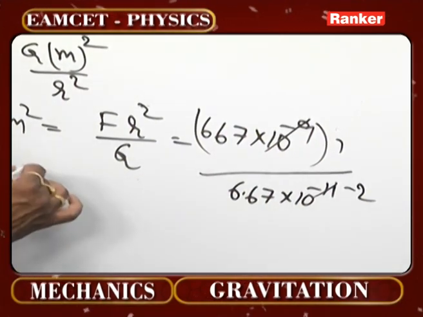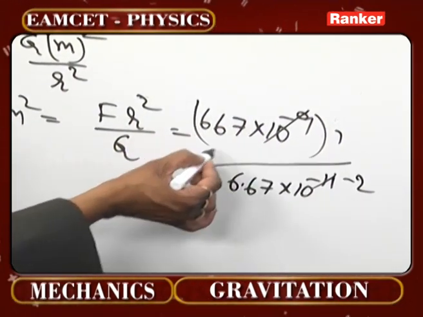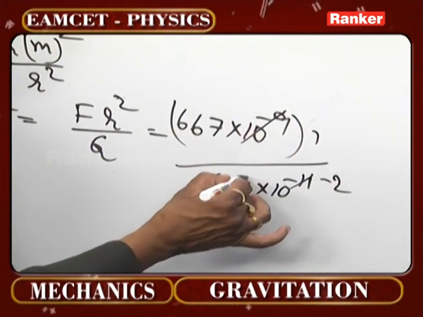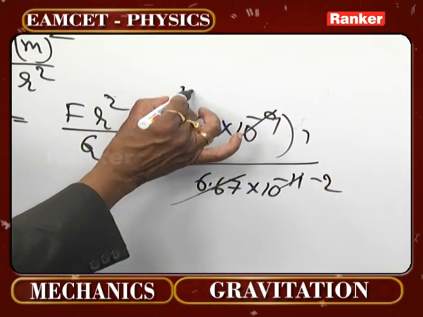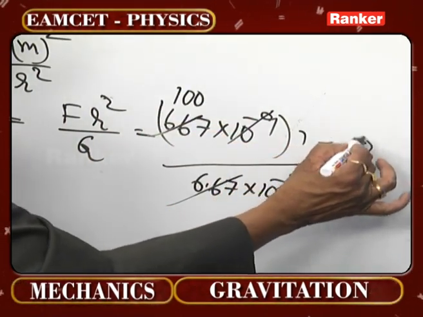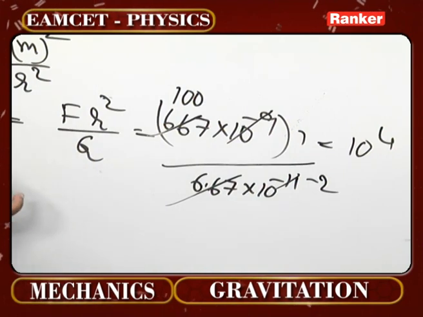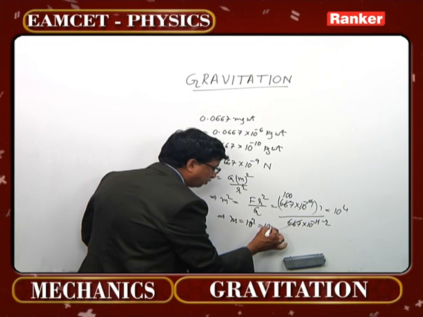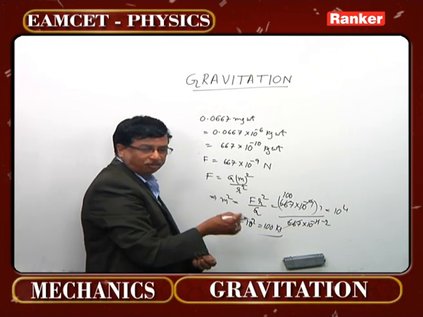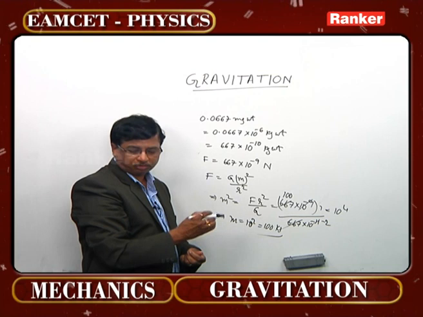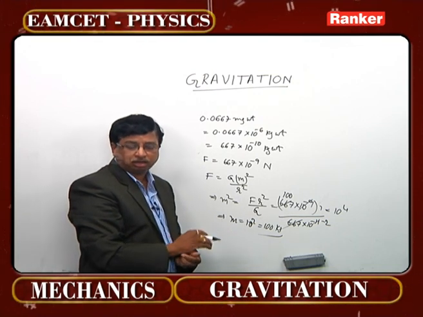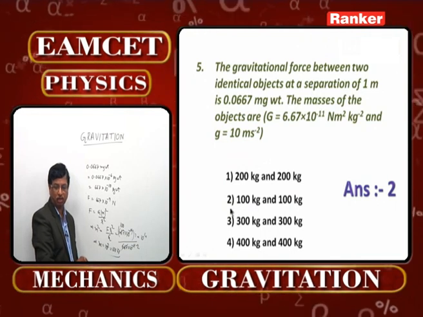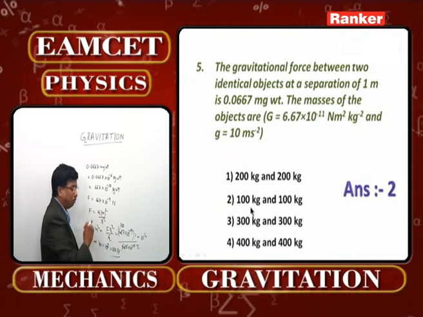Now this becomes 667 into 10 power minus 4 over 667 into 10 power minus 11, so 10 to the power 4 you get as m square. Then what will be m now? It is 10 square, that is 100 kg. Since the masses are equal, both the first mass and the second mass are 100 kilogram each. That means the second option is the correct option, which tallies here. This is the way of calculating the masses.